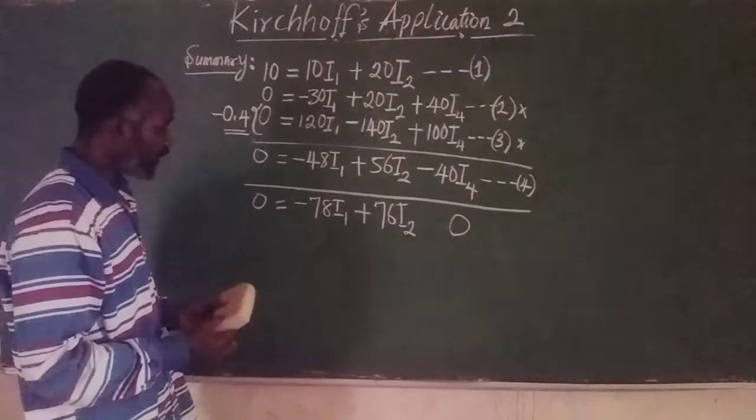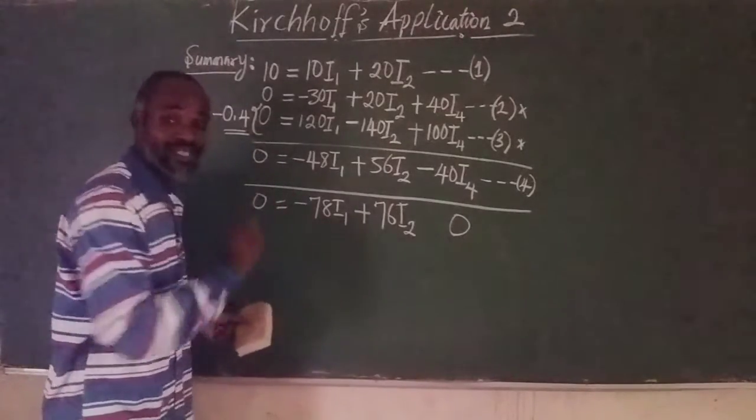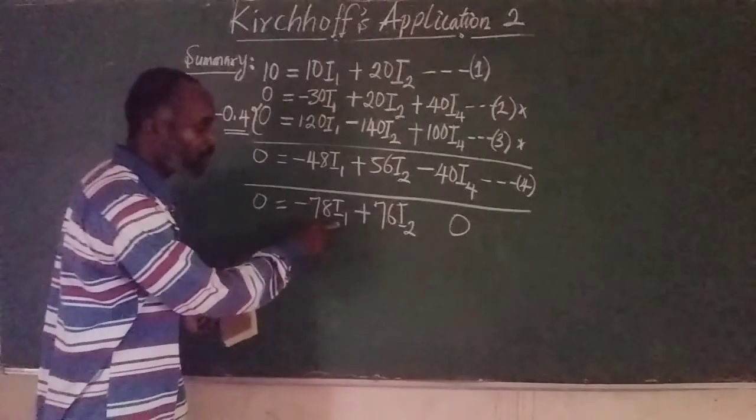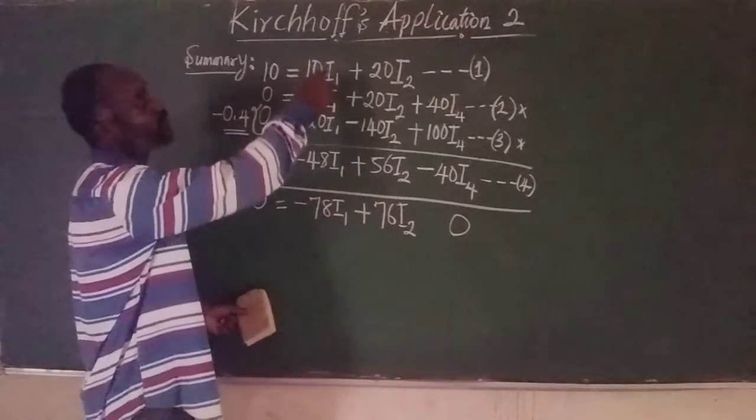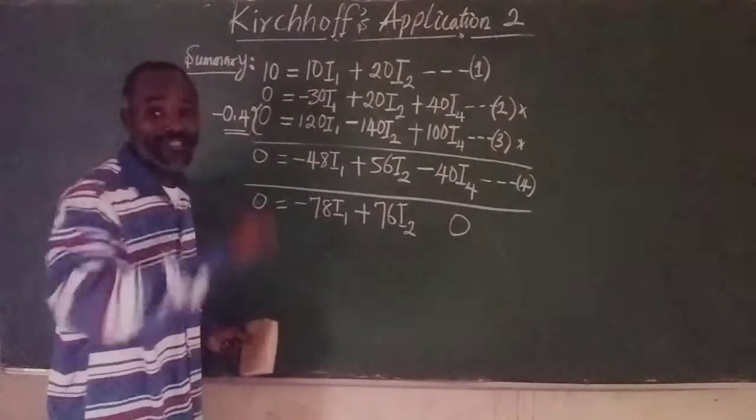The next thing is that we are going to make current 1 the subject and then substitute in equation 1, because we have not used equation 1 in the first place.